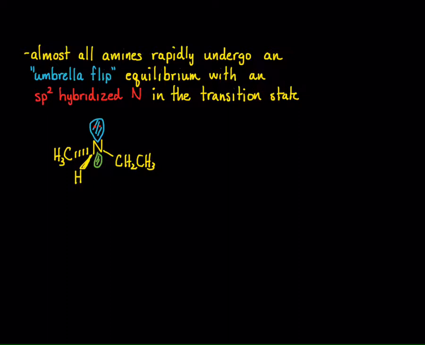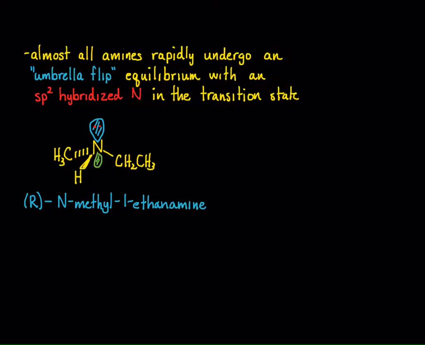I could assign this an absolute configuration if I wanted to, and of course I want to. The electrons are the lowest priority, right, instead of a hydrogen, and therefore this would take on an R absolute configuration. So the way that I'm going to name this is R N-methyl 1-ethane amine.